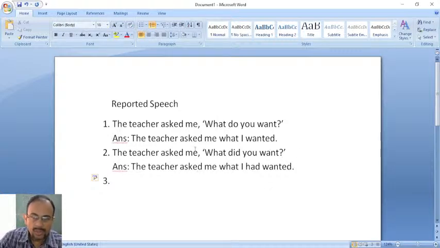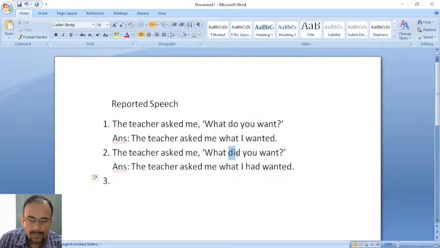And one more thing, dear students, what I was about to tell you: always remember while you are converting an interrogative sentence into reported speech, it should be in the assertive structure, like what I wanted. So what, I, and then simple past tense wanted. What I had wanted.